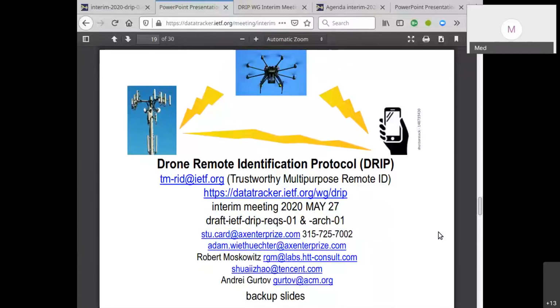The requirements draft is on a good track. But the architecture, for me, requires more work, and we really need to focus on it, so that we can have something that can be used by other people who are working in this area.